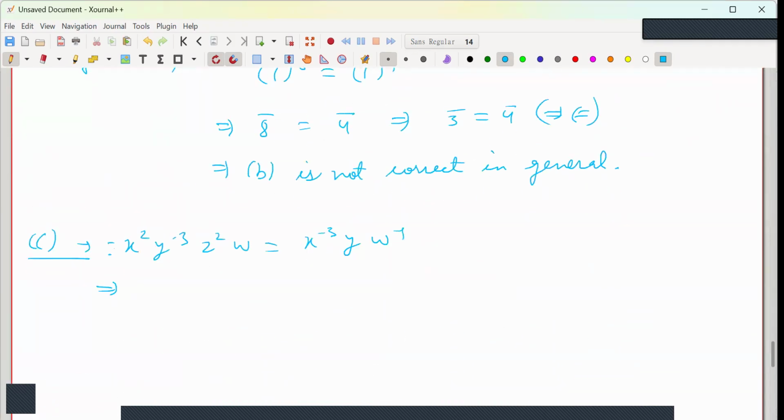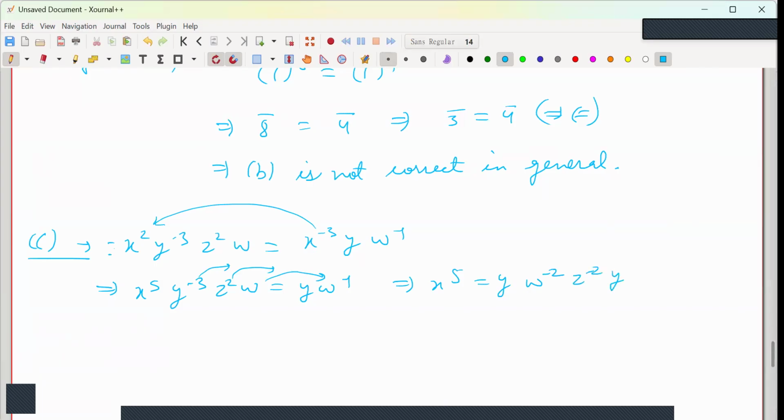So we just take this x cube here, and this will give us x5 y minus cube z square w is y w inverse, and the rest of the things we will take this side. First we take w inverse, then z, and then y. So this will be y, w inverse of w minus 2, then z minus 2, and y cube.